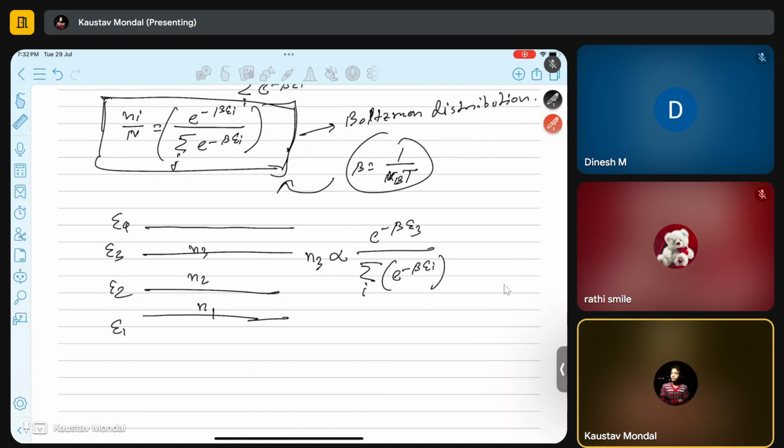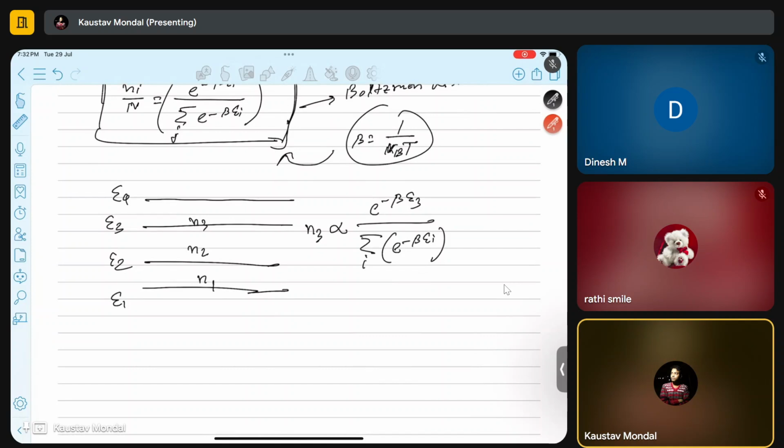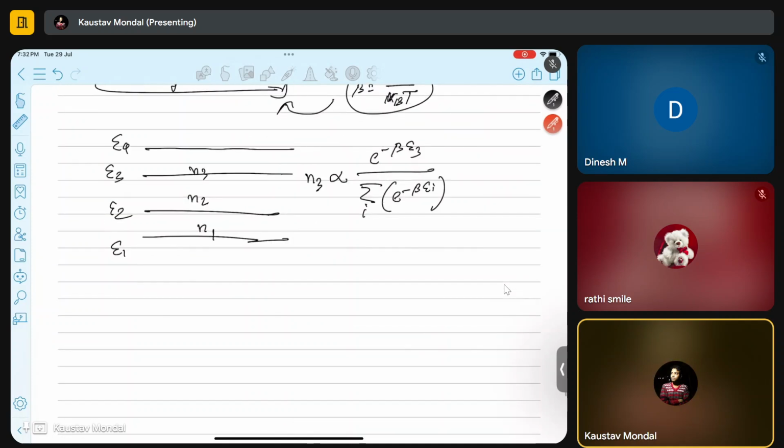This denominator is called the partition function of the system.